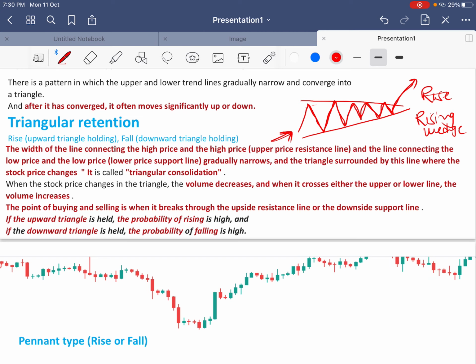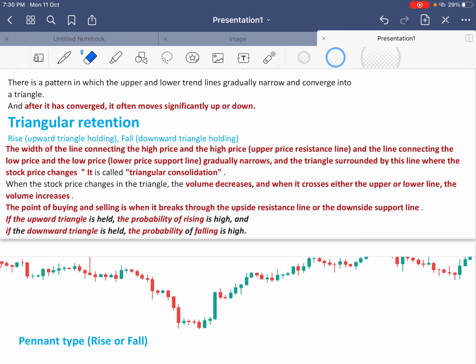And if we draw the reverse of this triangle, let me just draw it here. So it might look like this.